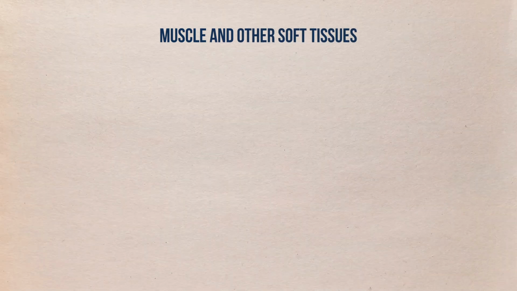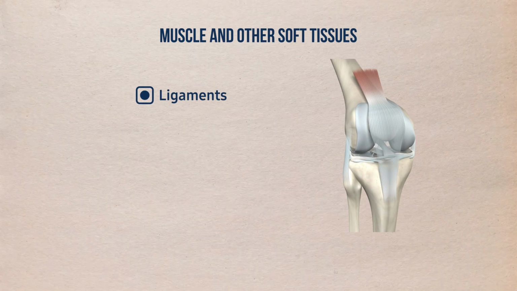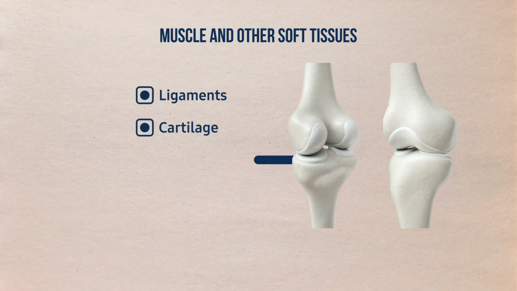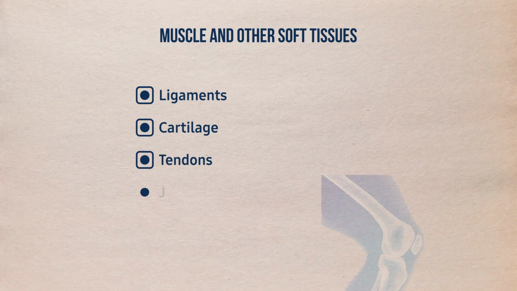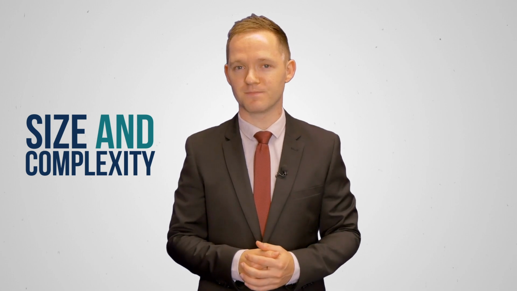Muscle and other soft tissues cover the skeleton, such as ligaments, cartilage, tendons, joints. When injuries occur to the musculoskeletal system, it can be challenging to identify what part of the system is injured. Usually, this happens because of the size and complexity of the system itself.